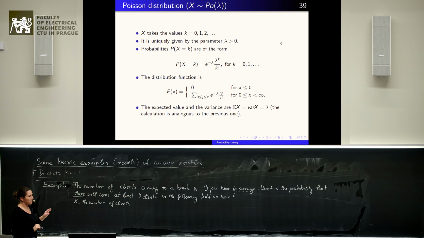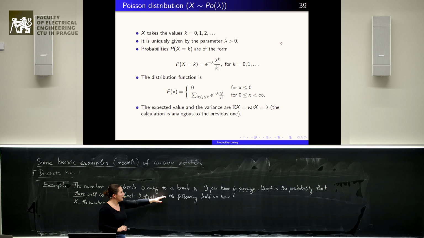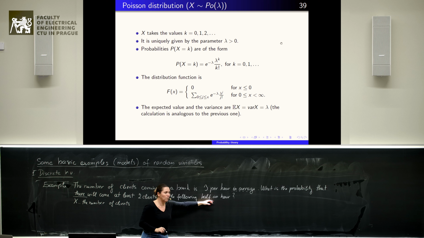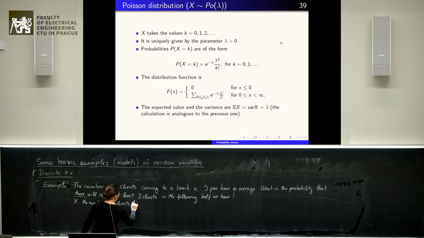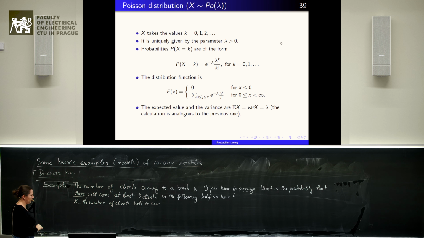Now we must specify the time interval we care about. And because we ask what is the probability that there will come at least 2 clients in the following half an hour, we will care about this half an hour. Or 30 minutes, if you want.